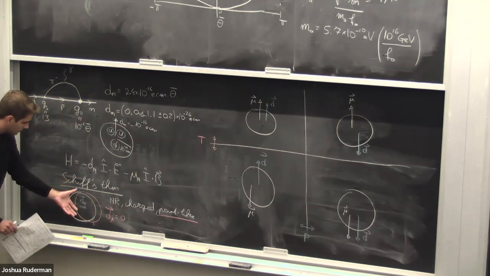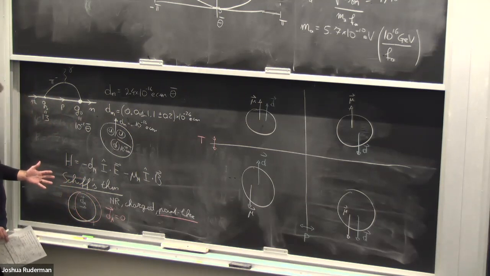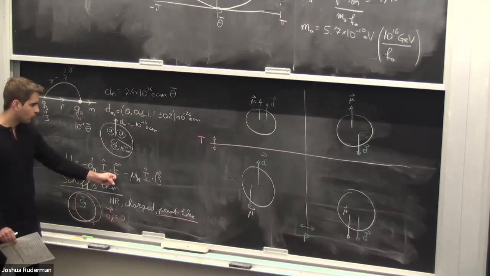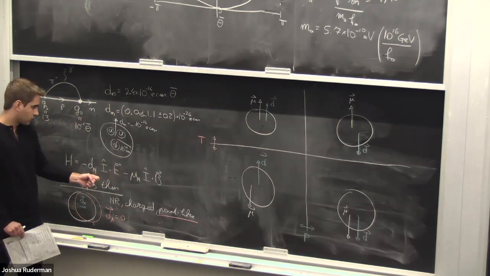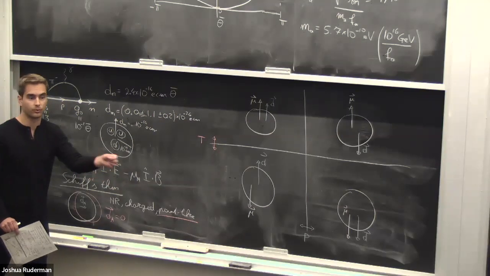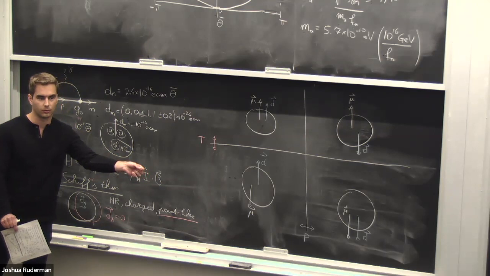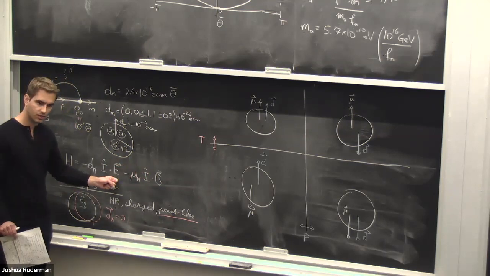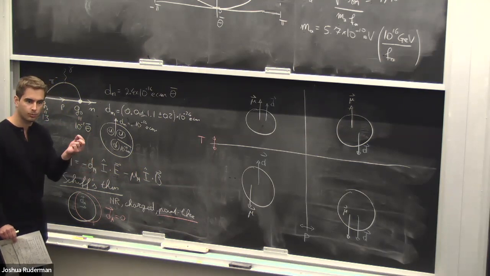But this rearrangement you can understand as the fact that the nucleus wants to sit at zero electric field, because it's a charged particle. If it was not, it would move towards the direction where the electric field is zero. So the nucleus never sees an electric field at its center if you imagine it's point-like.